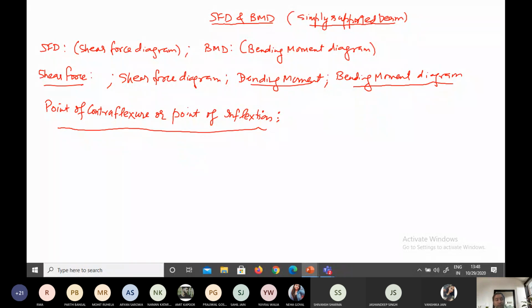Write down the last definition, point of contraflexure or point of inflection. You should know.